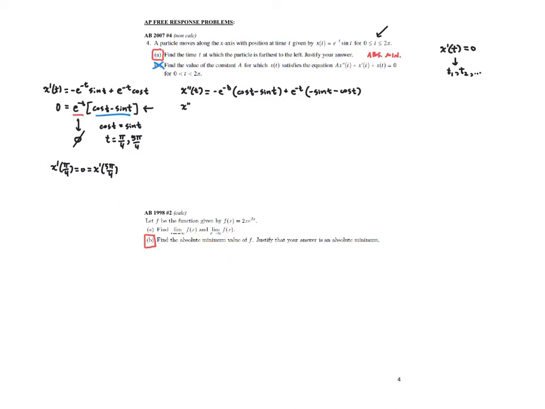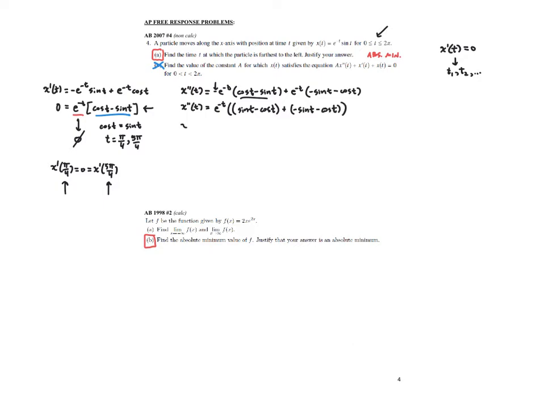Now with the second derivative, my goal here is not to set this equal to 0. It's just to simplify it as far as I can, because then I'm going to test these two values to see what the second derivative evaluates to at those. So I'm going to pull out an e to the negative t. That's going to distribute, so this negative will be distributed to this entire term, which makes it sine of t minus cosine of t, plus negative sine of t minus cosine of t.